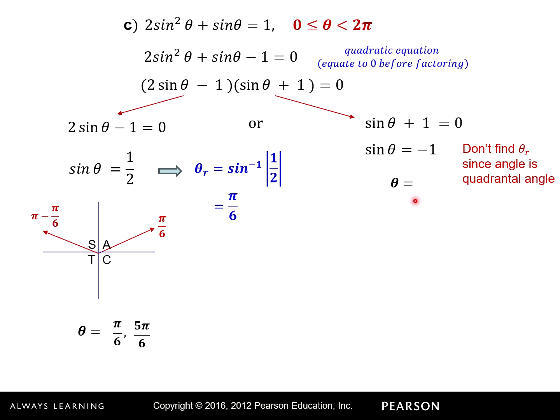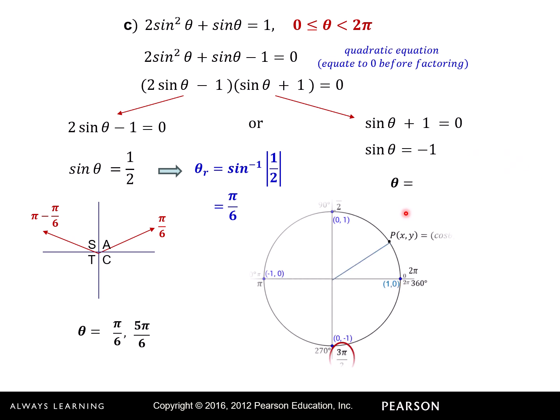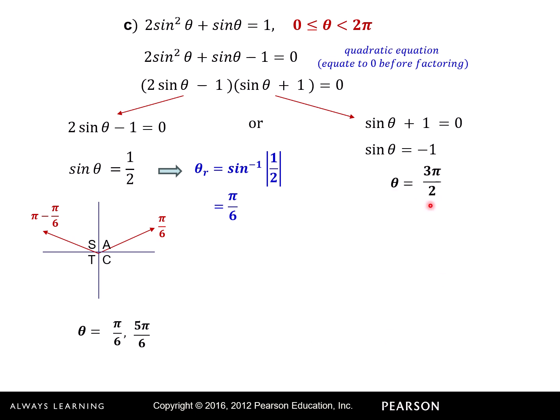To find the angle, one option is if you remember the unit circle with points (1, 0), (0, 1), (-1, 0), and (0, -1), you just need to locate the y value since sine is for the y value and cosine is for the x. The y value must be -1, and the y value which is -1 is when the angle is 270 degrees or 3 pi/2, meaning the angle here is 3 pi/2.